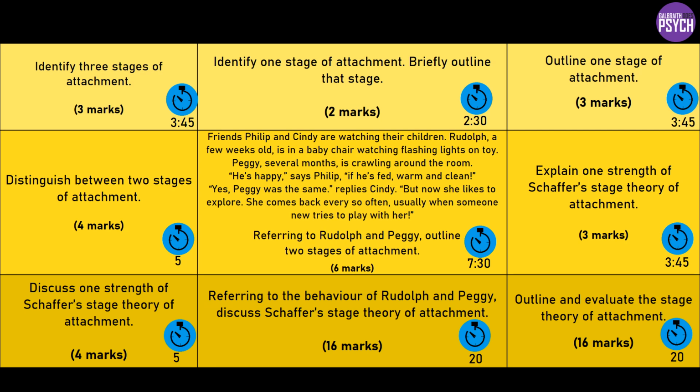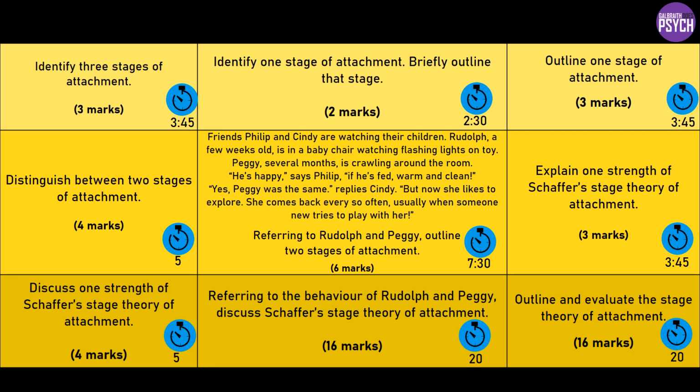Right, let's do it. So, first one, identify. My favourite command word. Don't explain, just name. So 3 stages. Now, the course textbooks do vary a little bit here. So there is a little bit of scope on the mark scheme for some alternative terminology, but you can't just make it up, yeah?